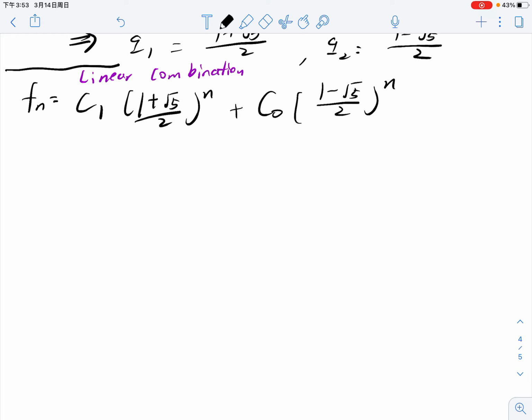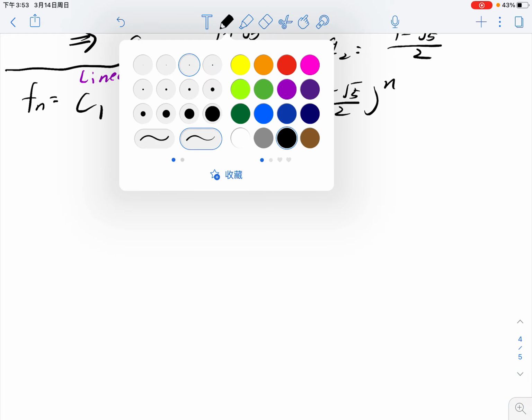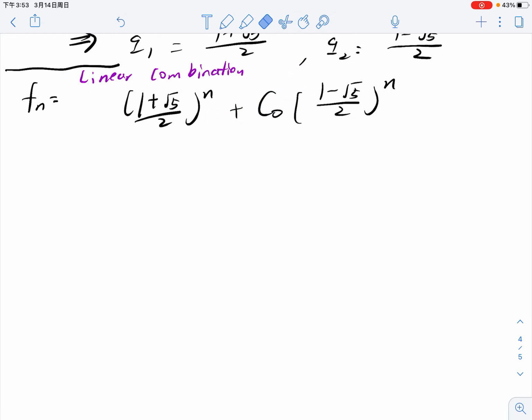Okay, now C0, C1 are to be determined. So that's your freedom. You have the freedom to choose the variables C0 and C1 to accommodate your initial data.